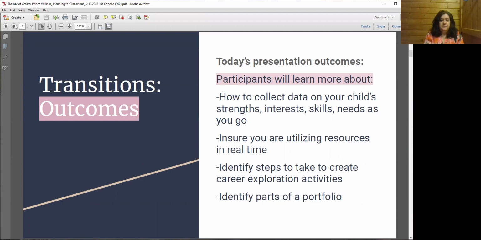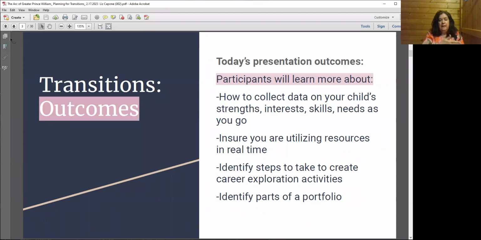And then very specific steps to take to create career exploration activities. I think this is very intimidating for young people. And so adults, we really need to support the process. We really need to scaffold. I know that's an overused word. We really need to scaffold for outcome 3 on here. Those steps.